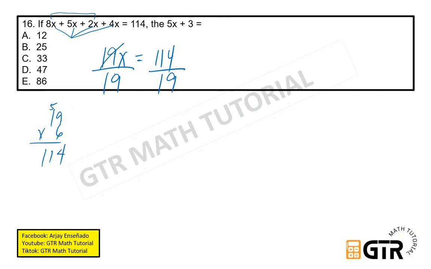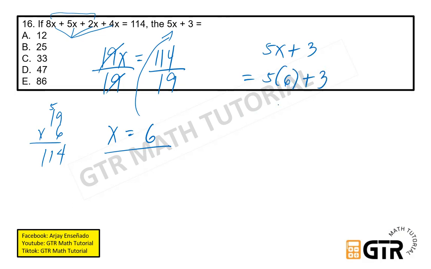Okay, so pag dinivide natin, x is equal to 6. So ngayon, itong x equals 6 ay isubstitute lang natin dito sa 5x plus 3. So 5x plus 3 equals 5 times 6 plus 3. That is equal to 5 times 6 is 30 plus 3. The answer will be 33. So the correct answer is letter C, 33.